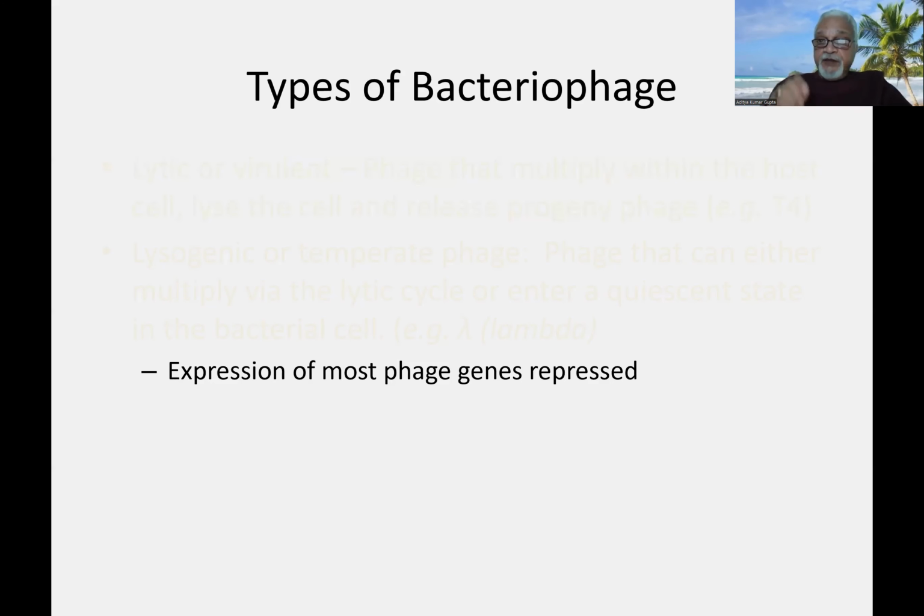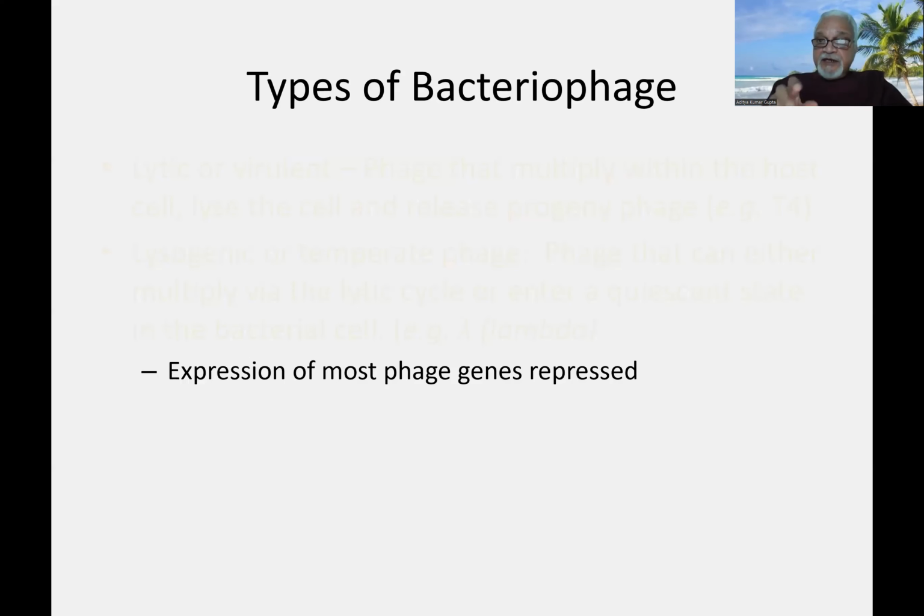When the host cell is going to die, or its DNA gets damaged beyond repair, the phage realizes that the host cell is going to die, then it comes out of the host cell and multiplies itself, and the progeny viruses are released.